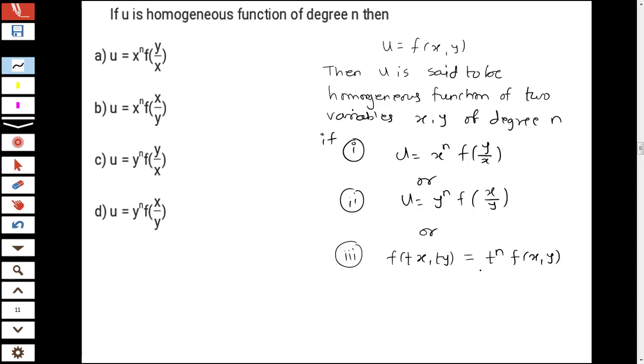Any one of these, then that u will be called as a homogeneous with degree n.